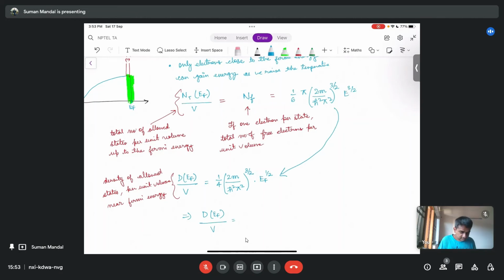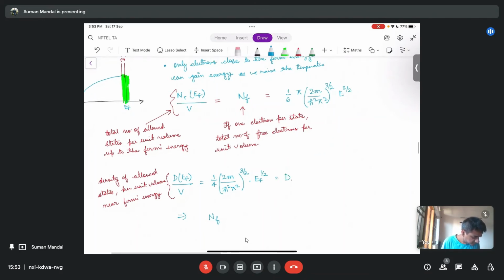Let this be d per unit volume at EF. So NF is equal to d(EF) into 2 by 3 into EF.